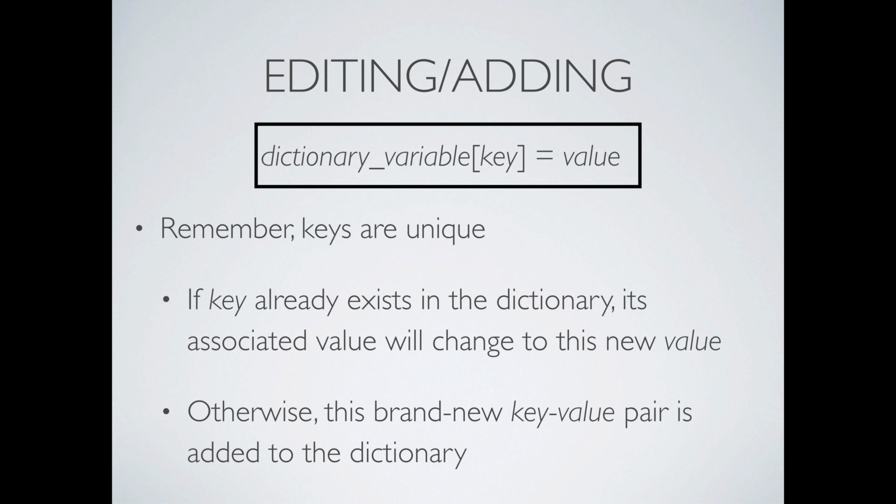If this key is not in the dictionary already, it will make a brand new key value pair and put it into our dictionary. So this is a pretty useful line of code. This is how you add a new key value pair into a dictionary. This is also how you update the value of an existing key value pair in a dictionary.